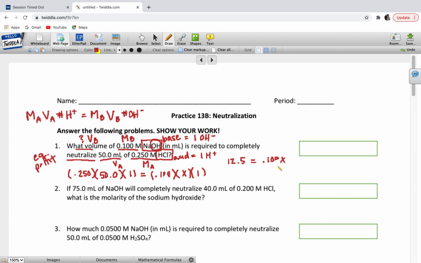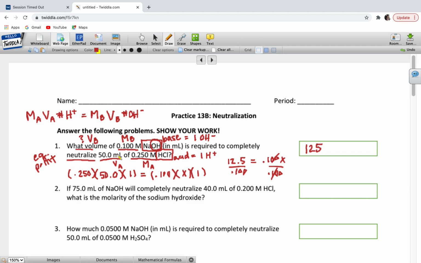All right. And then to solve for x, we need to divide both sides by 0.100. So 12.5 divided by 1/10 is going to give us the volume of sodium hydroxide we need. And I think that's 125. Is that correct?